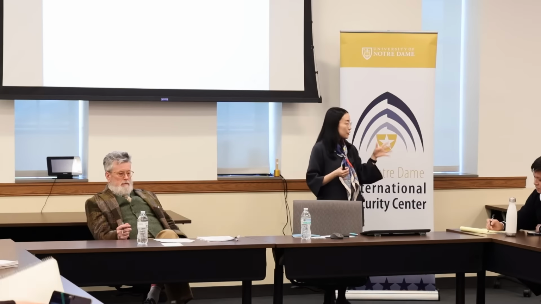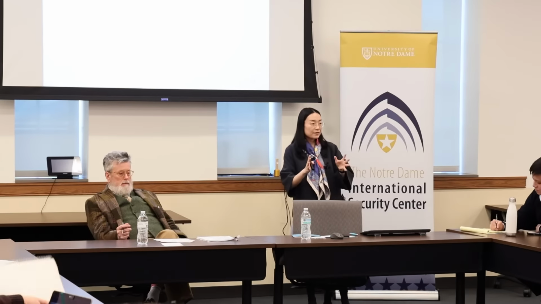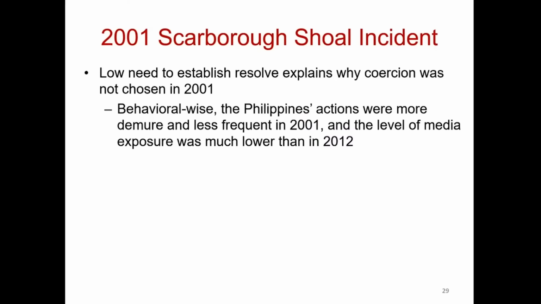Because if we look at behavioral indicators, the Philippines' actions were way more demure and much less frequent in the early 2000s, which is very much in line with the little dip that you see in figure 2. And these actions themselves were not reported as heavily by international media as compared to, say, the 2012 period.